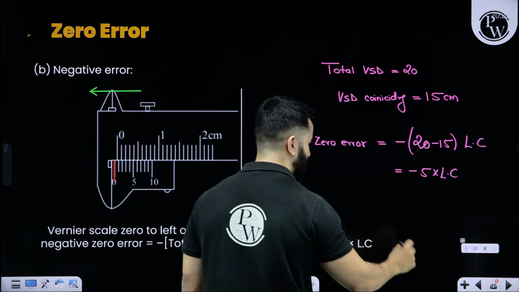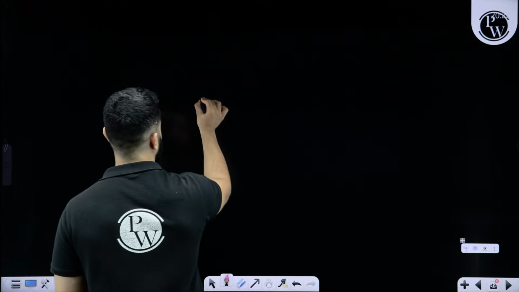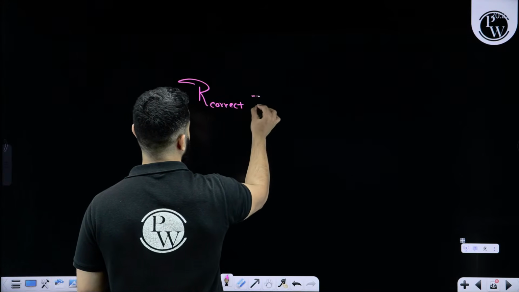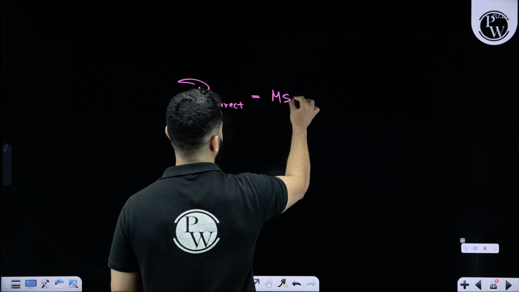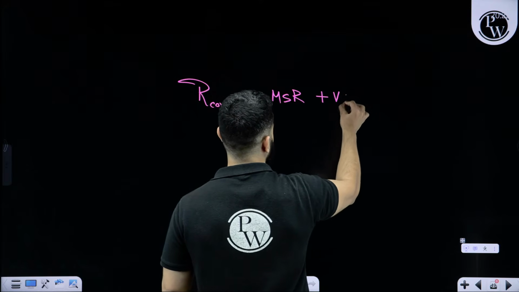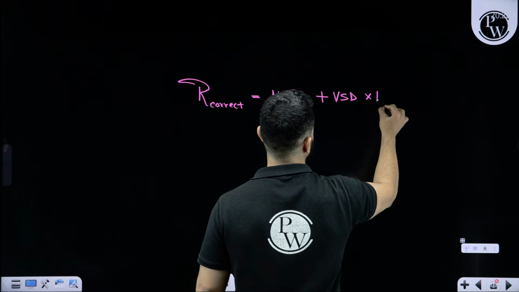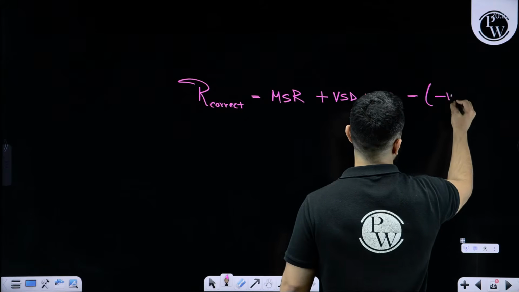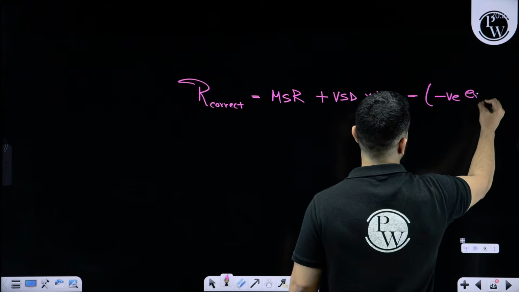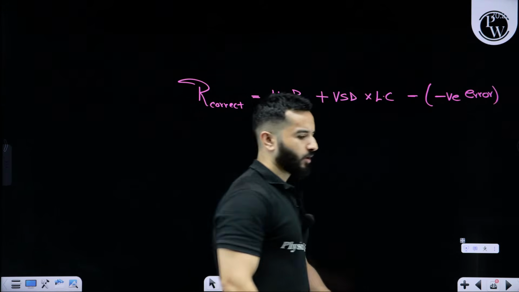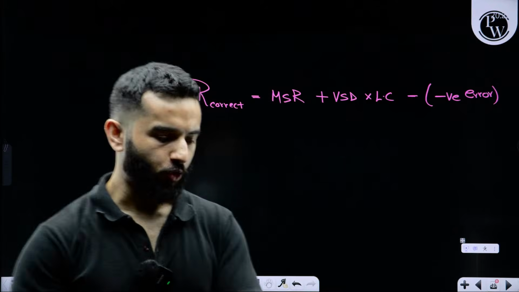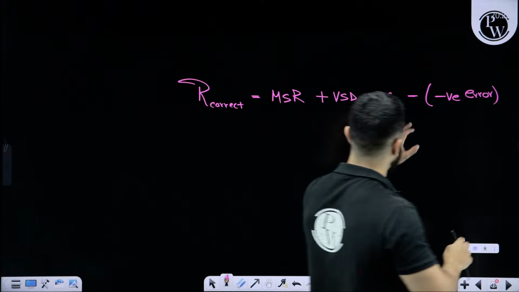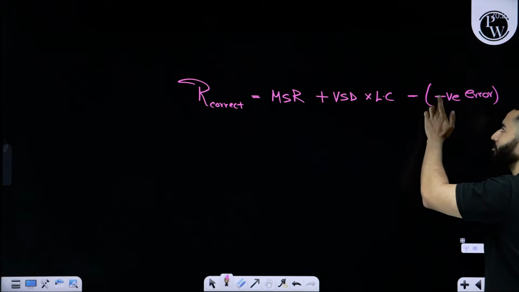And again, my dear friends, when you write down the corrected reading, you are going to write it like main scale reading plus vernier scale division multiplied by least count, and again we are going to always subtract the error. Remember it. Let me now break it down for you. We are going to always subtract the error and write down the error with its sign.